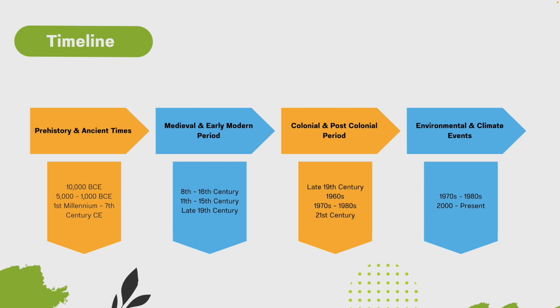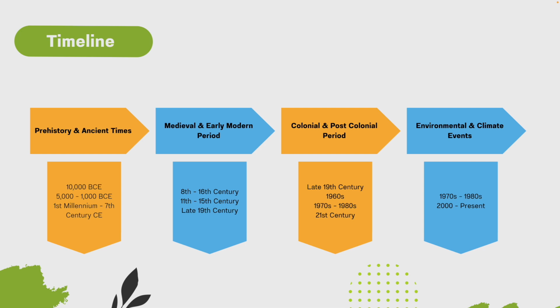And within the medieval and early modern period, in the late 19th century, European colonization of Africa begins, leading to the partitioning of the Sahel region among colonial powers like France, Britain, and Germany.